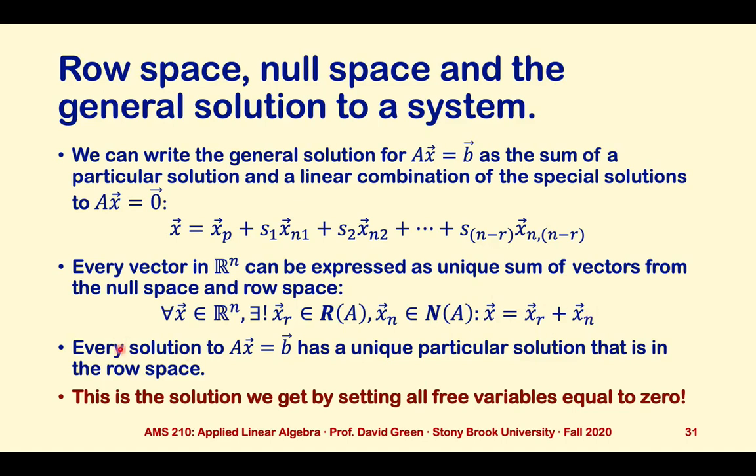And what this means is that every solution to Ax equals b, which of course is a vector from Rn, must have a representation like this. It must have a unique particular solution that is in the row space.